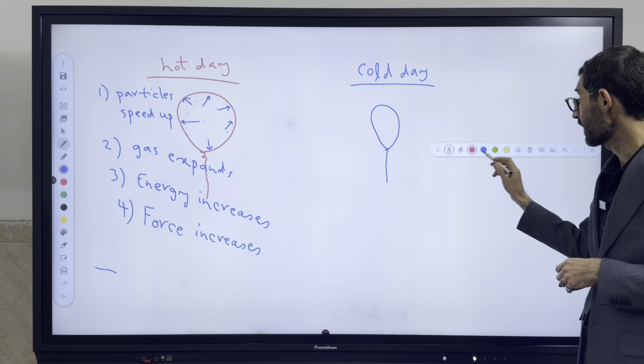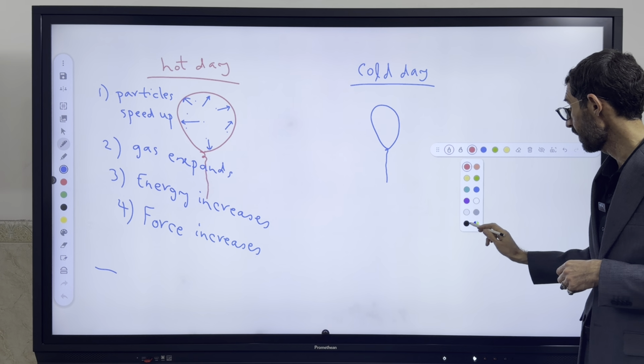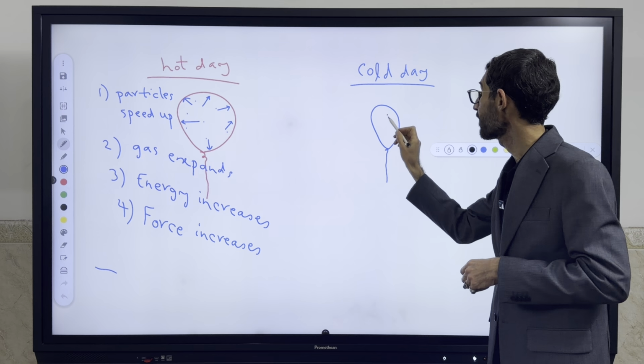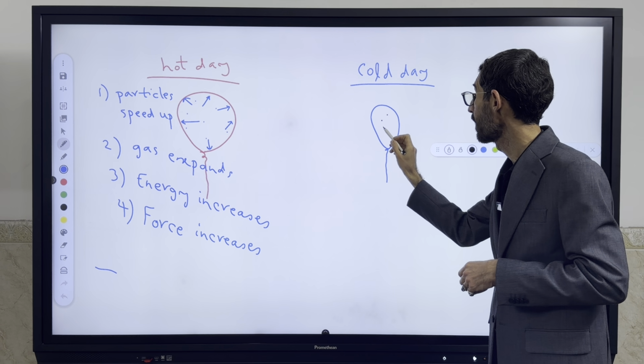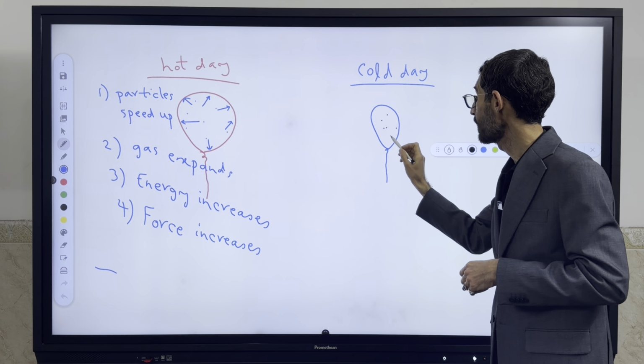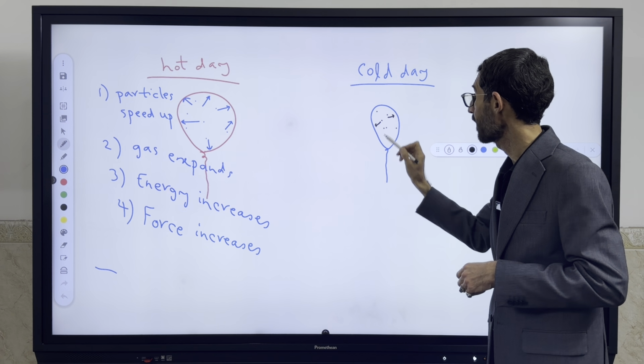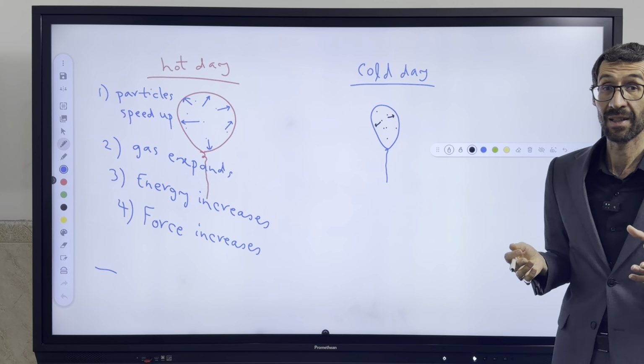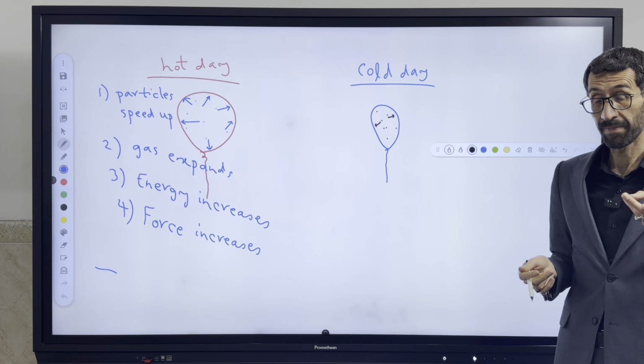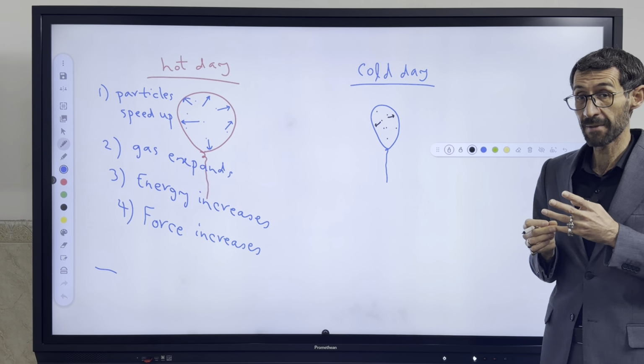What do you say about the particles within the balloon? Particles actually slow down. Particles slow down. What do I mean by particles slow down? It means they pick up less energy. The energy of the particle reduces.